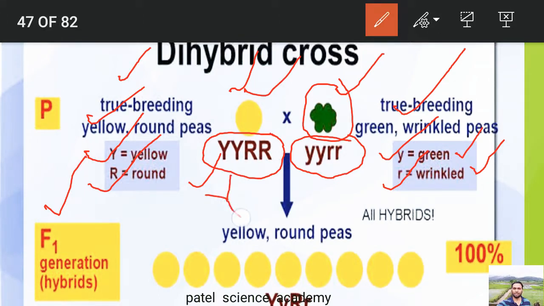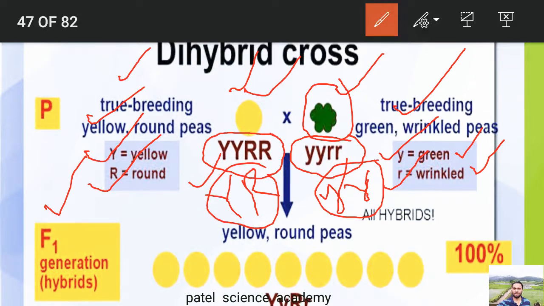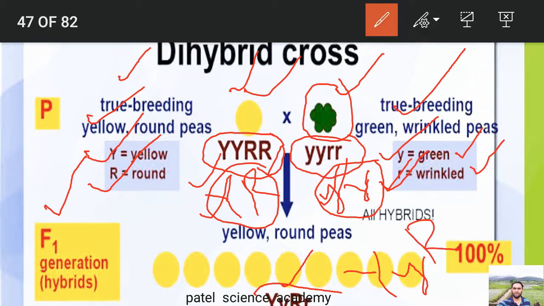Capital Y, capital R is one gamete, and small y, small r is the other gamete. These gametes will fuse and produce capital Y, small y, and capital R, small r. So the F1 generation will have capital Y, small y, capital R, small r.